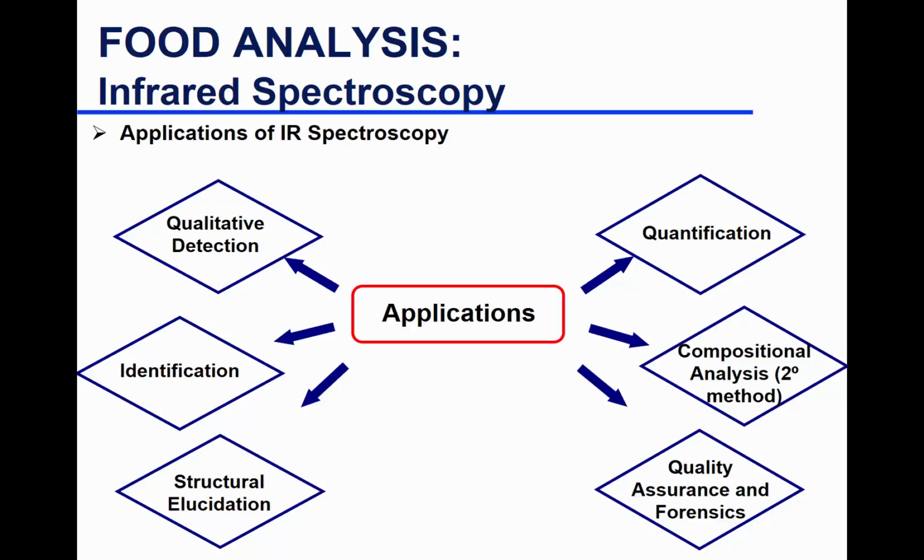Secondary methods are those that are based on calibration using primary methods. So IR is a secondary method of analysis for compositional analysis. And we use IR quite a bit for quality assurance and forensics, trying to identify unknowns in our sample. IR is a commonly used tool.